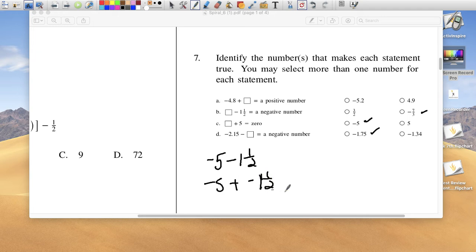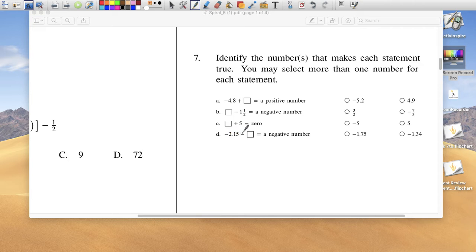So I'm adding two negatives together, so my answer has to be negative. So any negative would have worked here for B. For C, obviously a number plus 5 equals 0. That should be an equal sign. The only number that's going to make that happen is its additive inverse, which is negative 5.